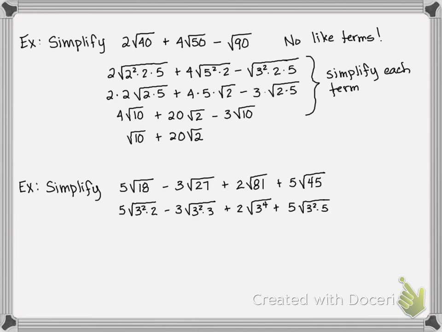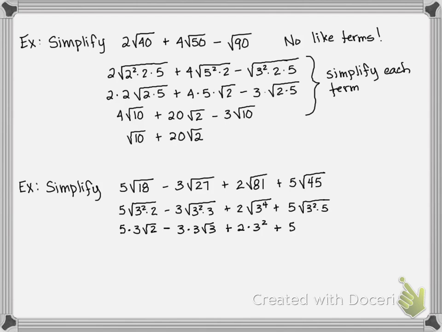So we have 5 times what? 3. And then 2. Good. Minus 3 times 3 root 3. Plus 2 times 3 squared. Very good.